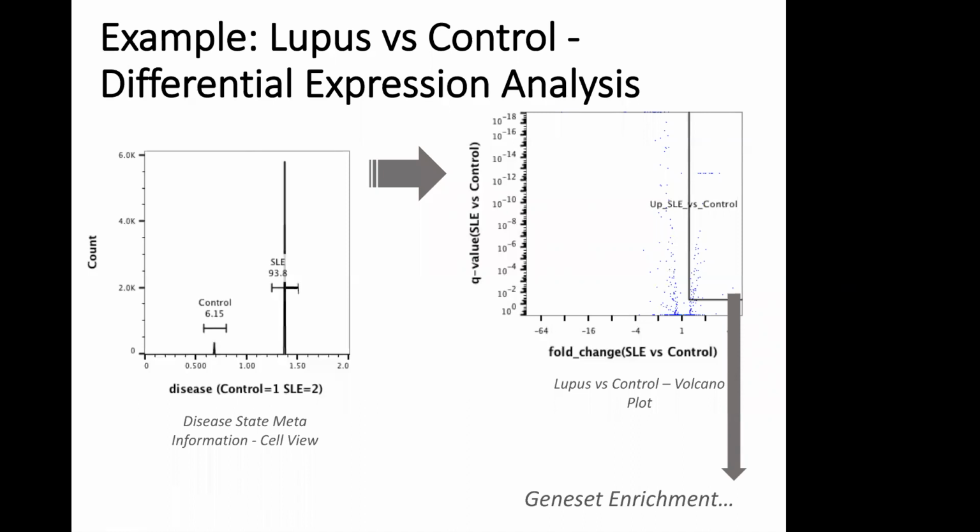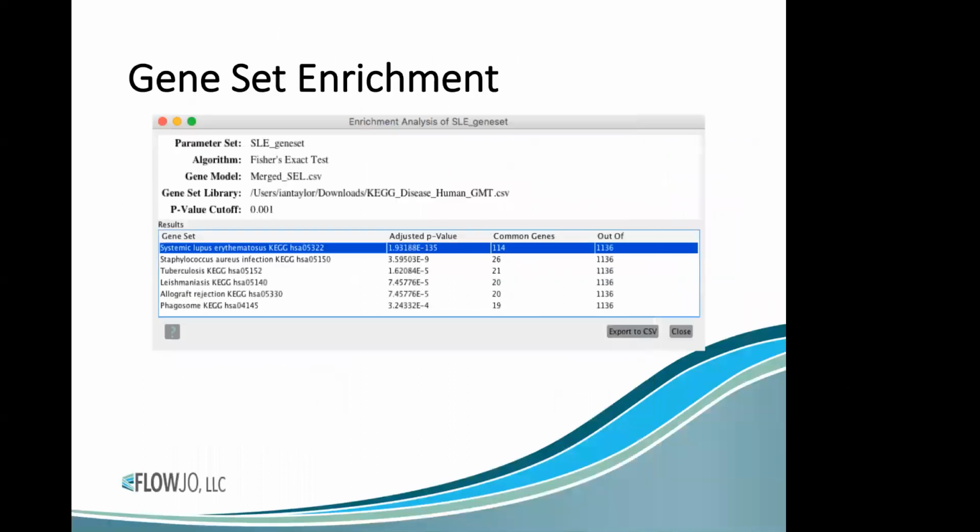And interestingly enough, of course, as a validation, we want to see if that gene set will actually enrich to something meaningful. And sure enough, when we run it on the publicly available KEGG diseases for humans gene matrix transpose, the number 1 hit is for SLE or lupus at an extremely high significance value.